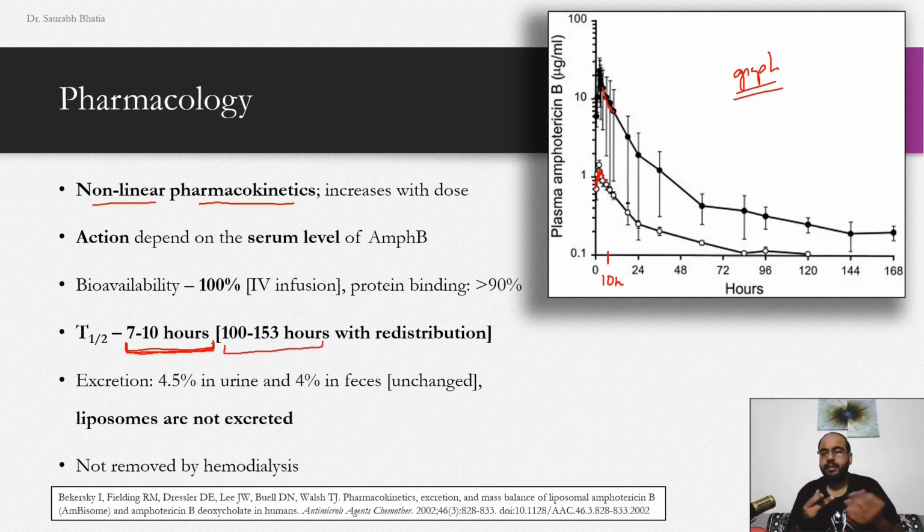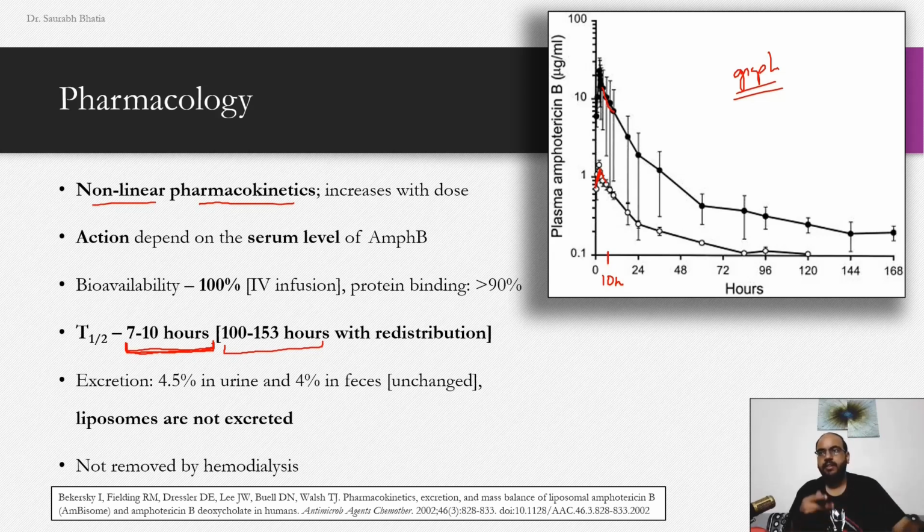Now, why is there a discrepancy in these two half-lives? The discrepancy is because amphotericin B, being a lipid molecule, gets sequestered into body structures like the spleen, liver, and fatty tissues. It's lipid soluble. When the drug is stopped, it starts to get released from these storage areas in the body, and that is why the half-life is prolonged.